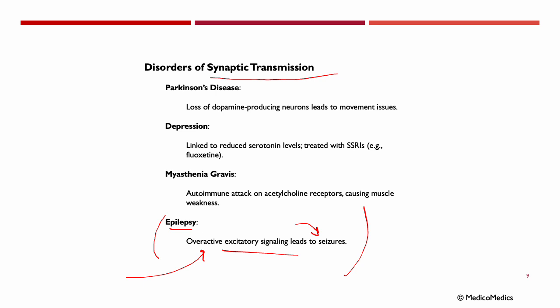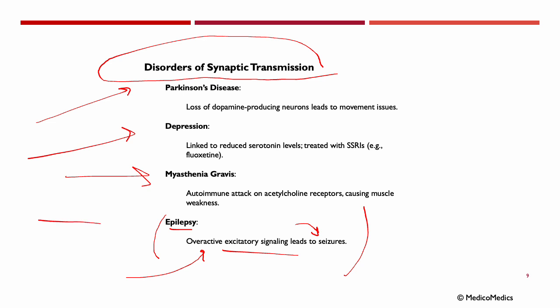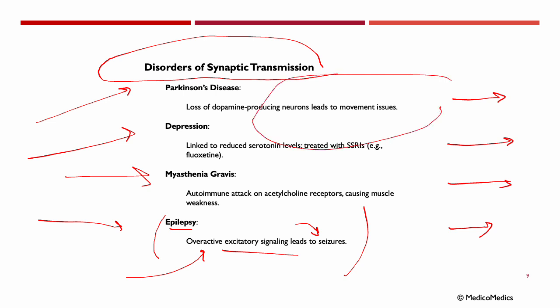So hopefully it's starting to make sense now by also illustrating with these different examples, all of them having different effects and outcomes. One is connected to muscle movement issues, and it's related to dopamine. We have a loss of dopamine. We have certain symptoms. Another one is our mood linked to reduction of another neurotransmitter.